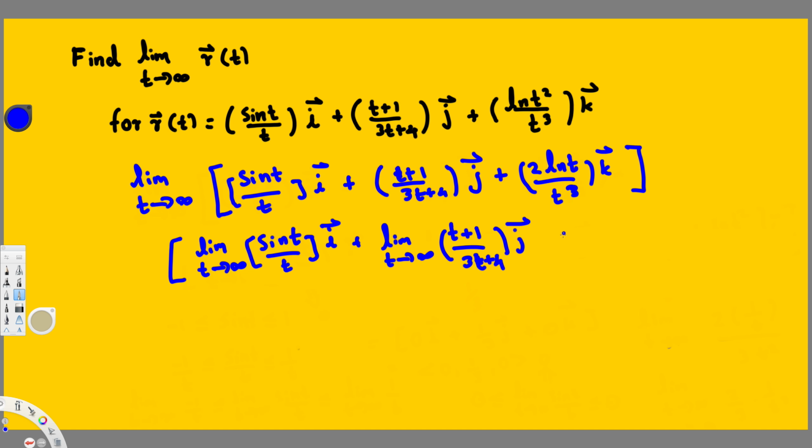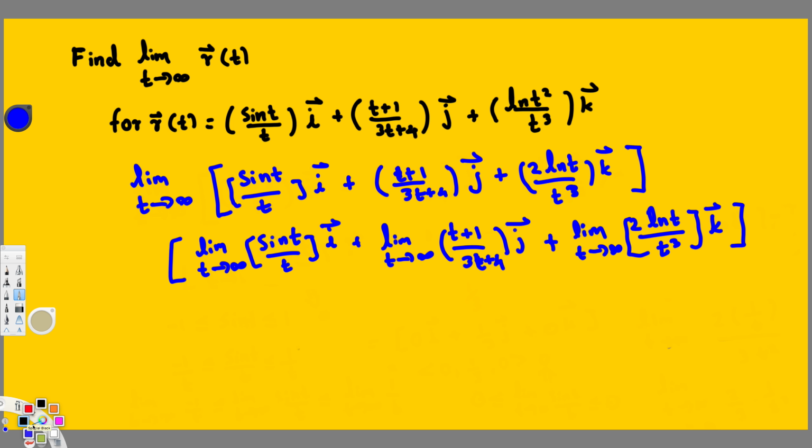And the next one is going to be the limit as t approaches infinity of 2 ln t over t cubed in the k direction. Now let's see how we can find each limit.